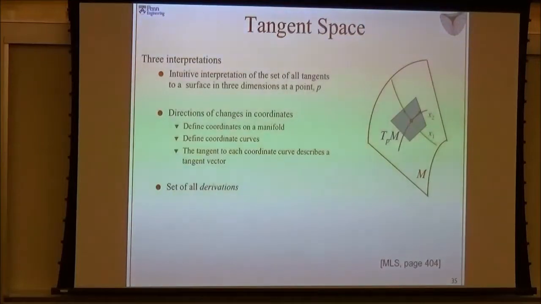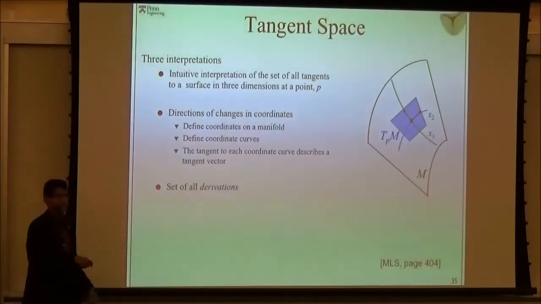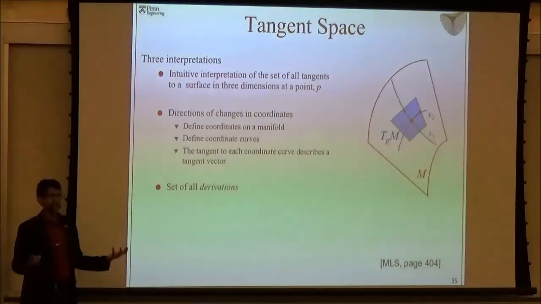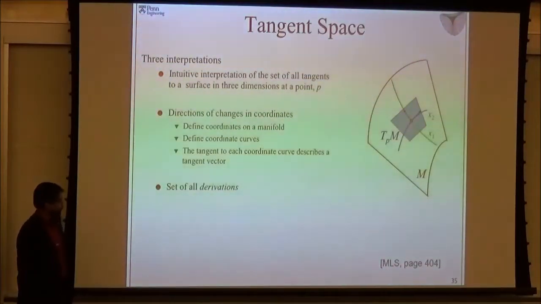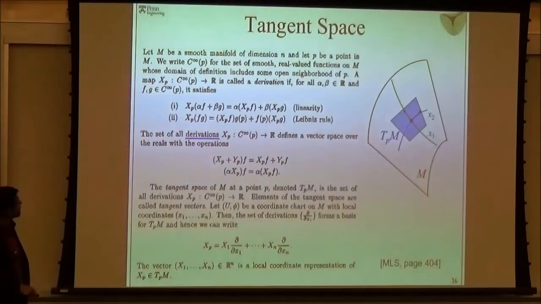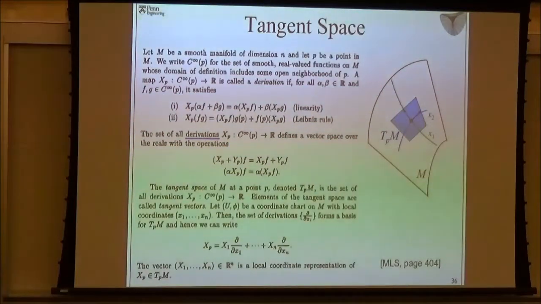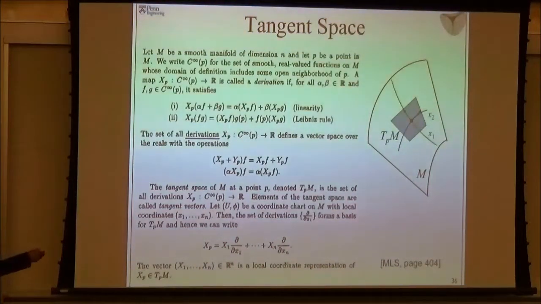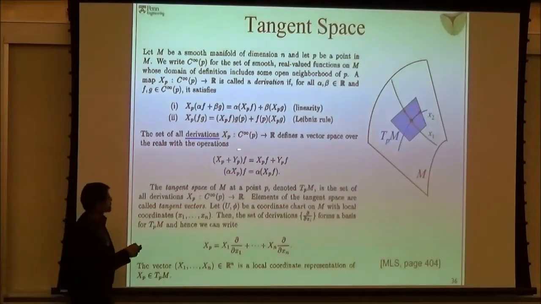So if you talk to differential geometers, they'll basically ask you to think about derivations, which sort of generalizes the concept of a derivative. So this is an excerpt from the appendix of Murray, Lee, and Shastri. It defines the set of all derivations. Let's take a look at this.